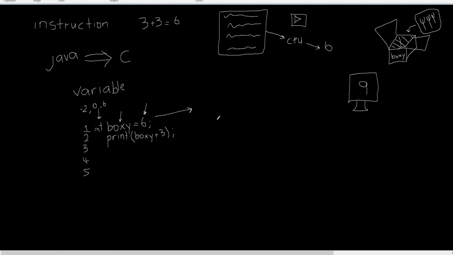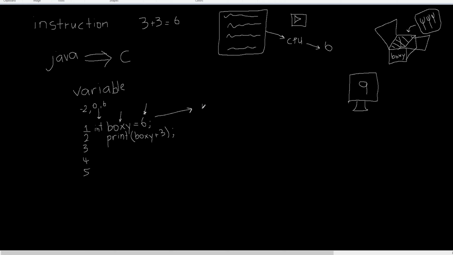So I'm going to ask you to do something for me. Let's say I wanted to declare another variable. I wanted to call it cup. I wanted this to be an integer, and I wanted it to have a value of 3. How would I write that out?